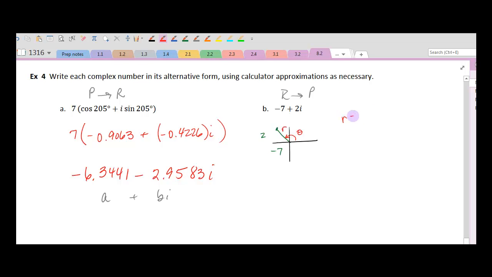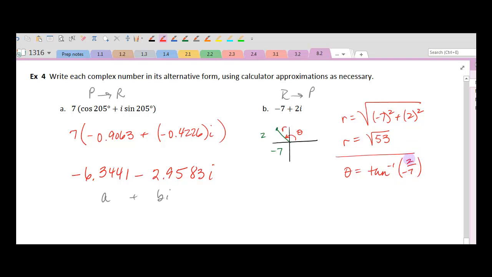So r is going to be the square root of the x value, negative 7 squared, plus the y value, which is 2 squared. In other words, r would be equal to the square root of 49 plus 4, which is just the square root of 53. Can't simplify that any further. And then theta is the inverse tangent of the y value 2 over the x value negative 7.